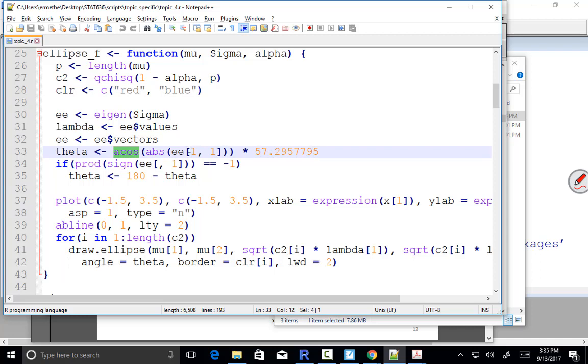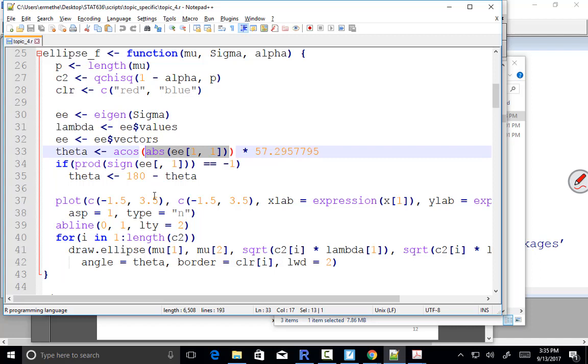This piece here comes from the fact that what I need for rotating my ellipse is the angle between the x-axis and the primary axis of the ellipse. So the expression from the notes actually simplifies a little bit, and all you actually need is the first eigenvector.